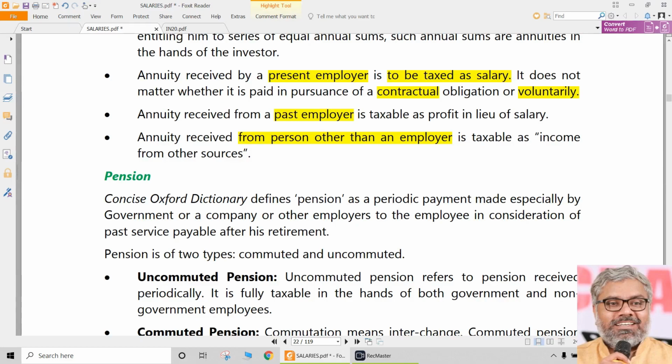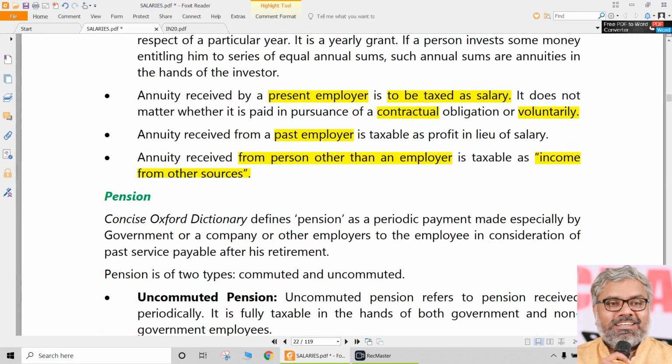So, who is paying is employer, but who is receiving is not employee of that employer. That is the family of the employee who already died earlier. That is called family pension, simply. And that can be taxable under income from other sources. This already we discussed, and we will discuss once again in the chapter of income from other sources also.